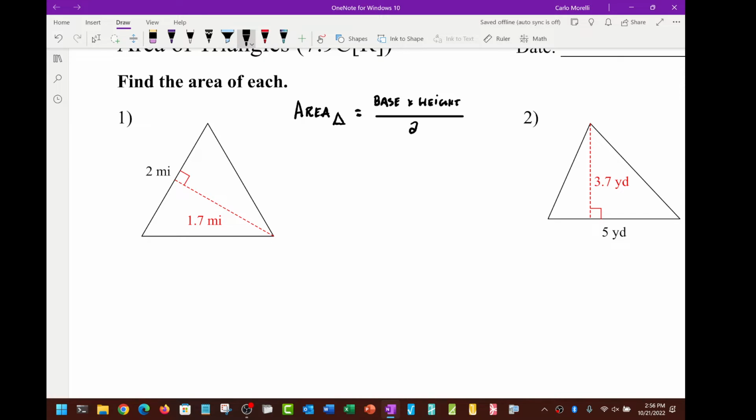So the key things to remember are that you multiply the base times the height, and then you divide by 2, okay?